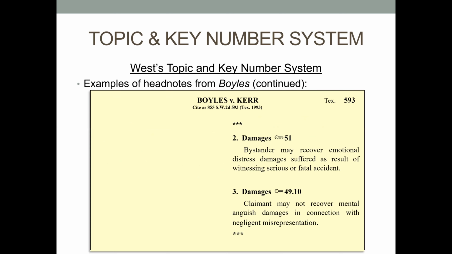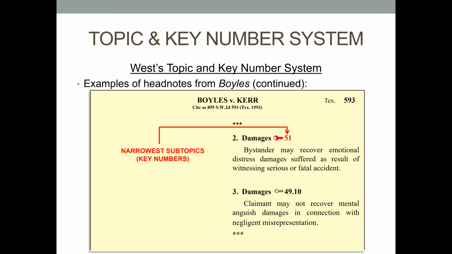Now let's look at head notes number 2 and 3. Head note 2 also has the major topic damages next to it, as does head note number 3. So the first 3 head notes all relate to the major topic damages, but they have different key numbers.